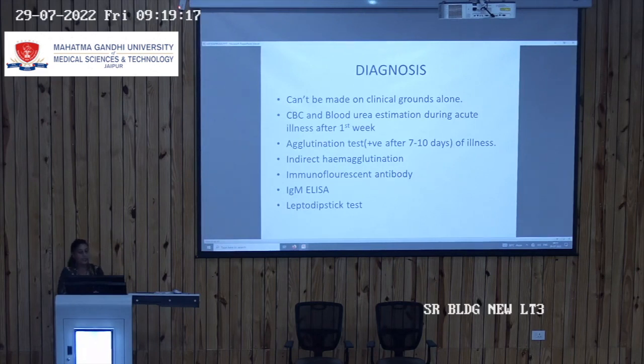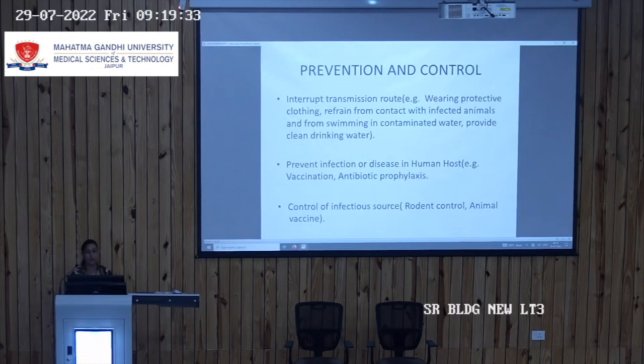Other tests are the indirect hemagglutination test and the immunofluorescent antibody test. Even an ELISA test can be done for immunoglobulin M antibody, and the leptodipstick test is another test. If they come positive, then the diagnosis of leptospirosis can be made along with the clinical features.